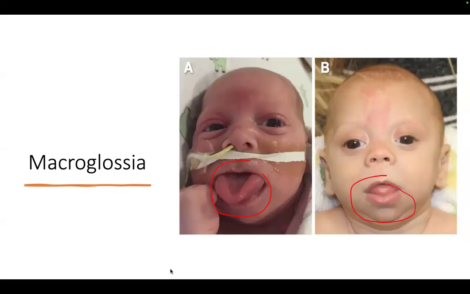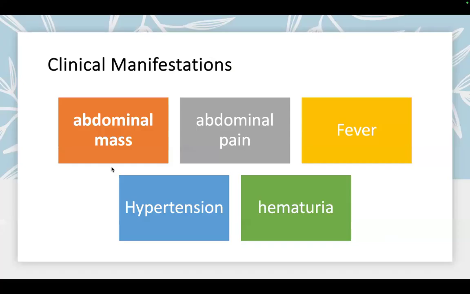Then, of course, we have Beckwith-Wiedemann, BWS.